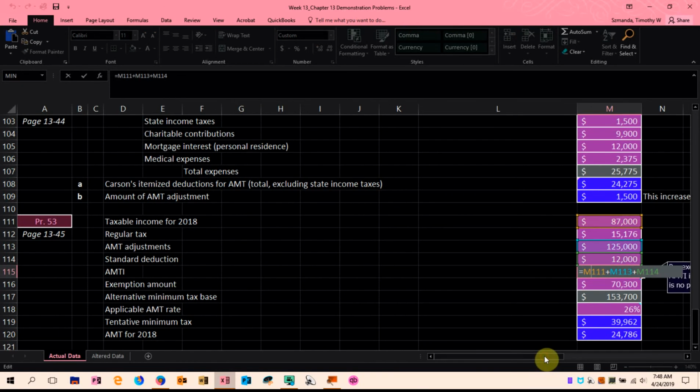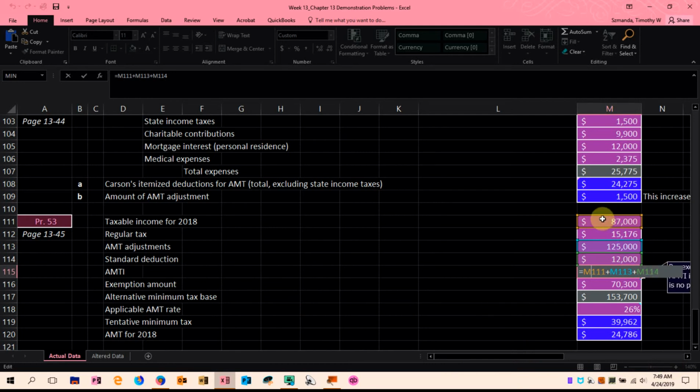Again, if you want to reference the formula that's listed in the text, they do a nice job of presenting a step-by-step formula that we would go through to determine the alternative minimum taxable base, as well as the alternative minimum tax itself. And that AMT formula is found in the middle of page 13-23. So in this case, I'm going to start applying that formula.